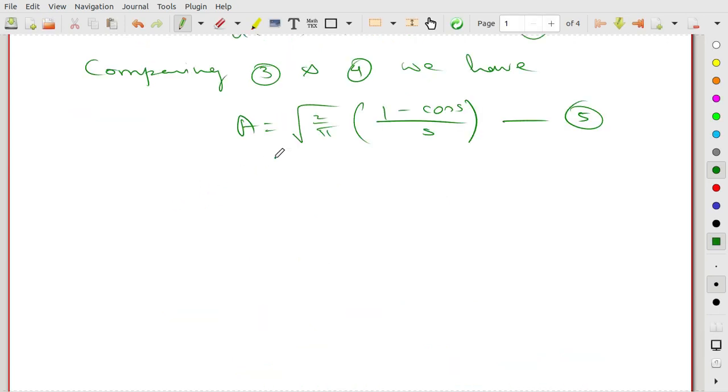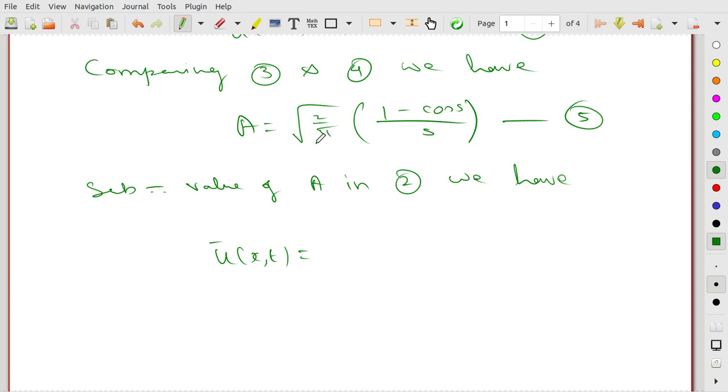So let's substitute this value of a in equation 2. Okay, so substituting value of a in equation 2, we have u bar of x comma t equals to, instead of a, let me put it as root 2 by pi 1 minus cos s divided by s into e power minus s square t.